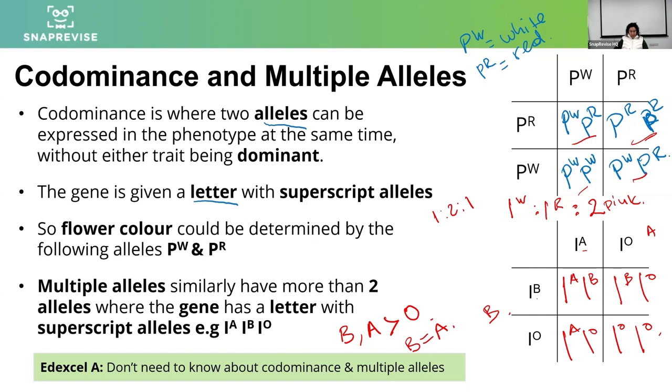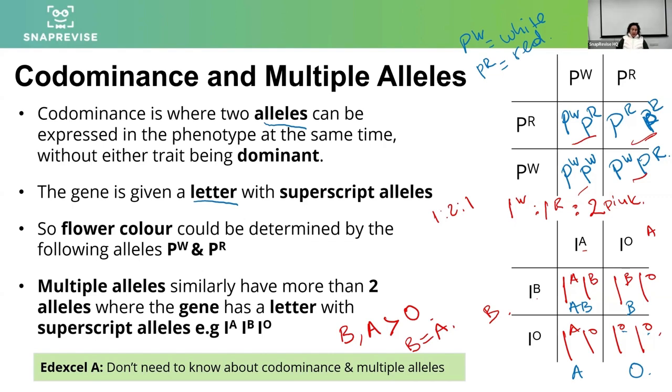Let's interpret the phenotypes from this ratio of genotypes. This person is going to have blood group AB because A is codominant to B. This is going to have blood group B because B is dominant over O. This is going to be blood group A, and this, of course, is going to be blood group O because I've got 2 copies of the recessive allele.